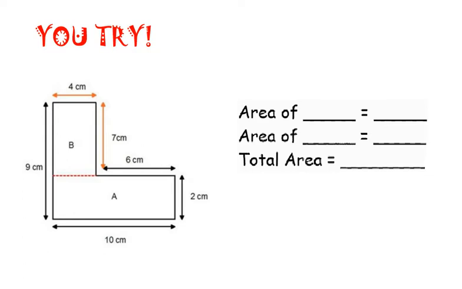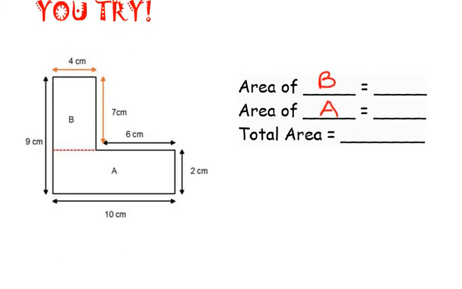All right, I have a couple for you to try. So let's just go one at a time because it can be a little overwhelming. And just so we can stick in the correct order, let's do the area of rectangle B first and then the area of rectangle A. So you go ahead and try this and then we will compare answers.